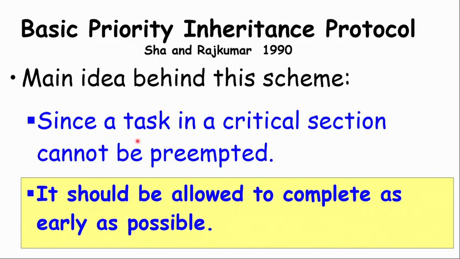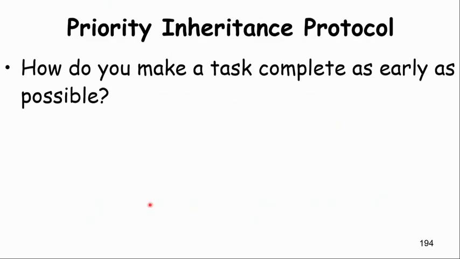But how do we really make a low priority task complete its execution as early as possible? Given that the protocol is simple, the main idea is that whenever a low priority task is executing, make it complete as early as possible.